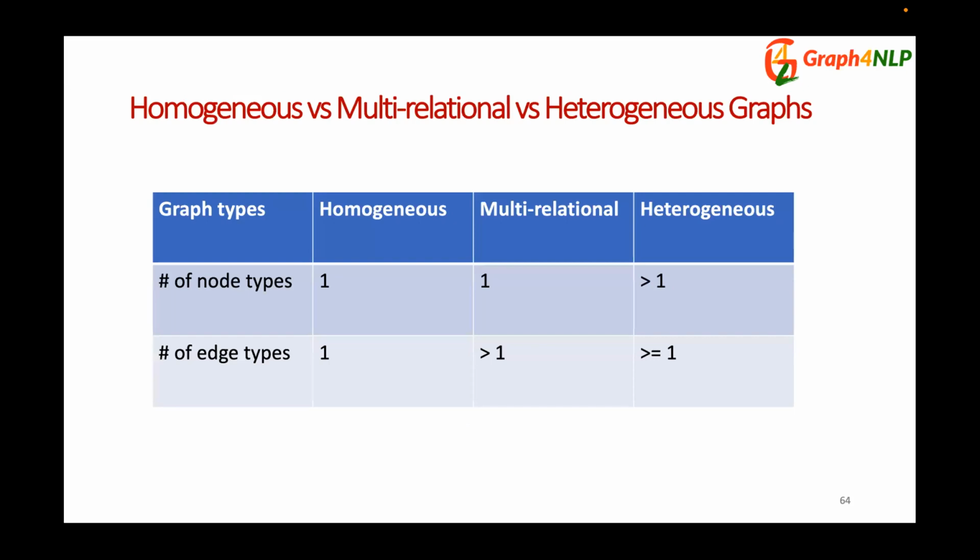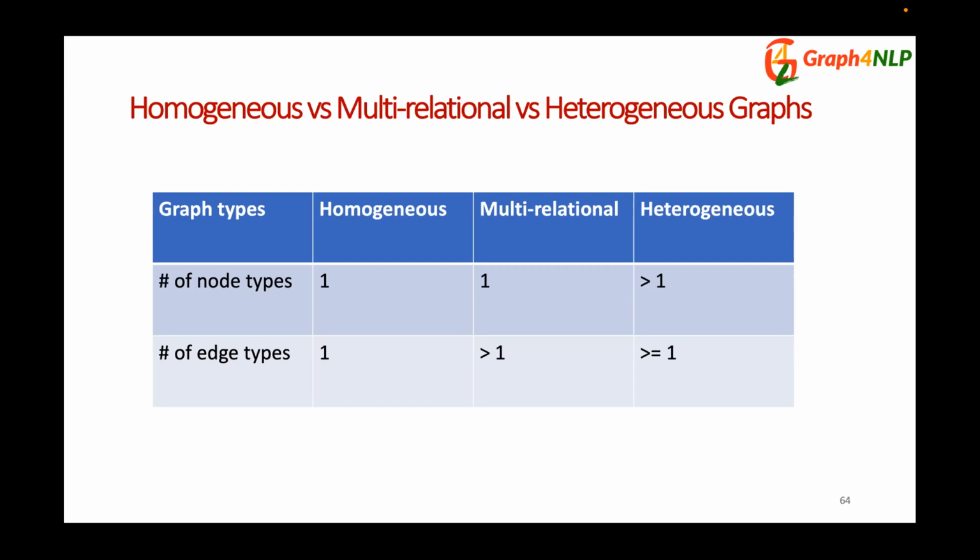So let's first review some definitions on the various types of graphs. These concepts are important since we will mainly depend on the graph types to choose which GCNs to apply. In general, we can categorize graphs into three types: homogeneous graphs, multi-relational graphs, and heterogeneous graphs, depending on the number of node types and the number of edge types.